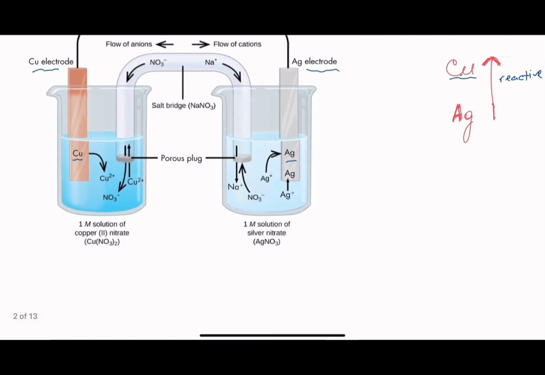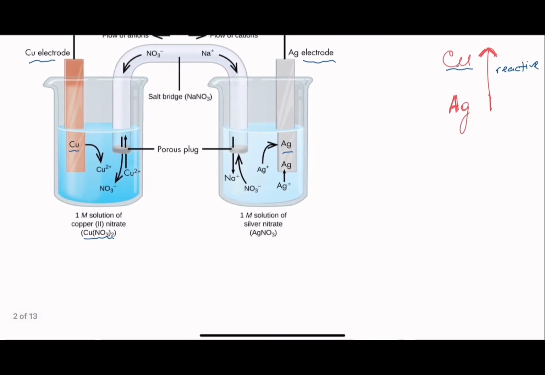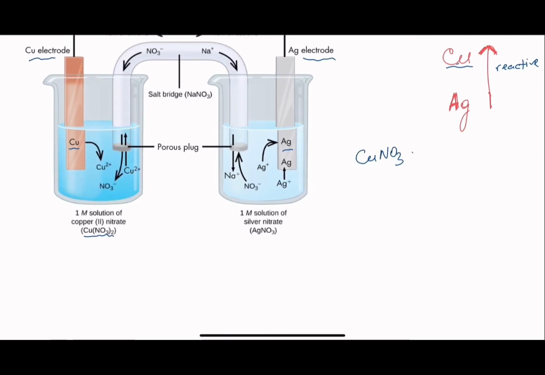If you guys remember, we had this copper nitrate solution. The copper nitrate solution was a blue, ocean blue solution, and because it is dissolved in water, it made two ions, copper 2+ and nitrate ion.